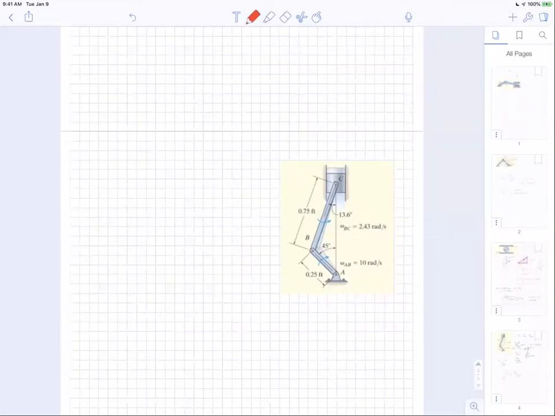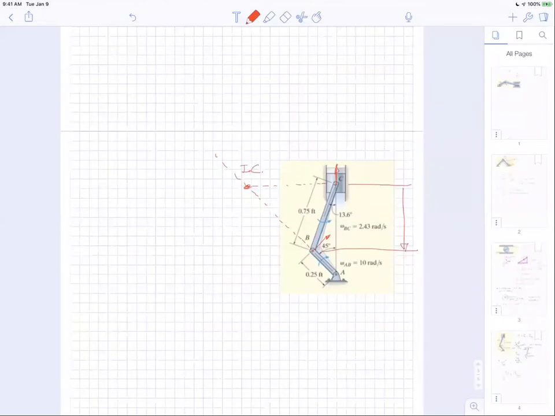So we know this velocity is going up and down, and we know this velocity is going perpendicular to that at 45. So then you draw your lines perpendicular, and there's the instantaneous center. That means we need to find this distance here.